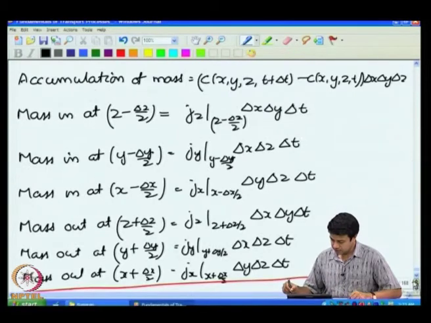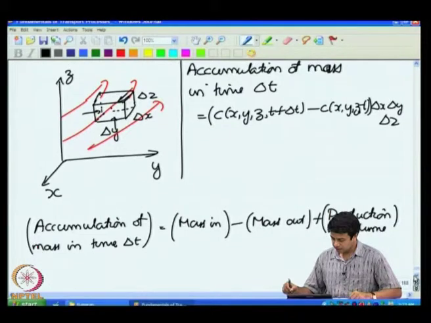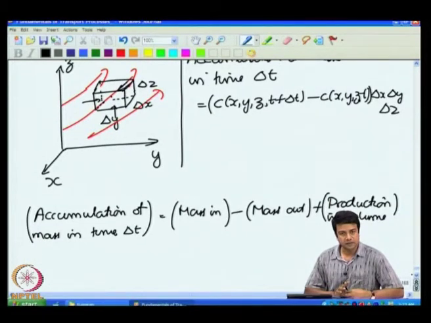So, these individual terms have to be put into the mass conservation equation, and we have to obtain a differential equation for the concentration field. Mass in minus mass out plus production in the volume.